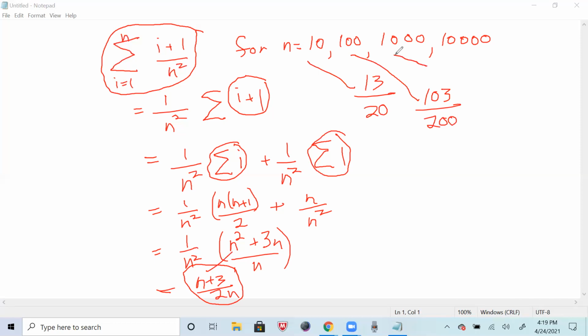If you want to know what it is when n equals 1,000, it's 1,003 over 2,000. And 10,000 becomes 10,003 over 20,000.